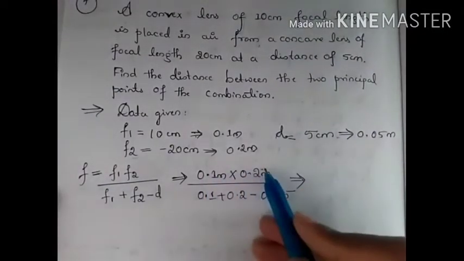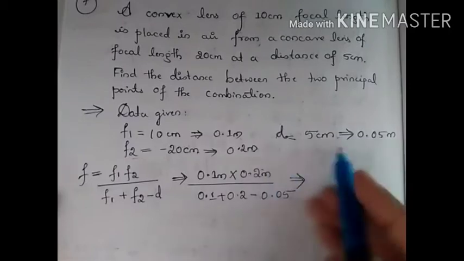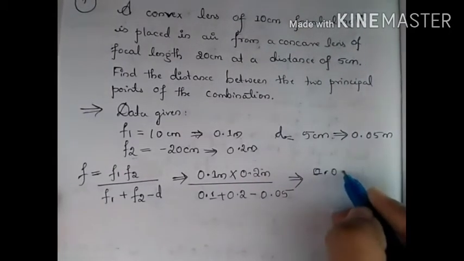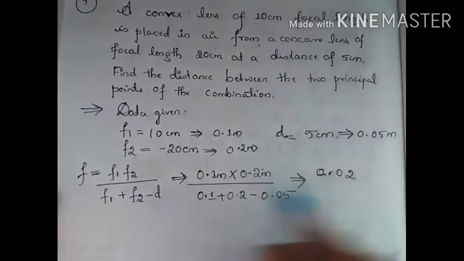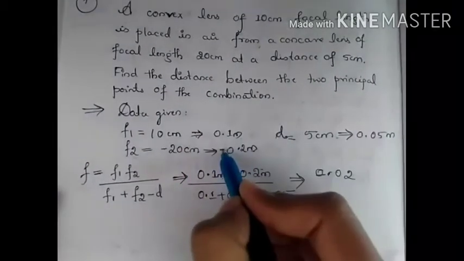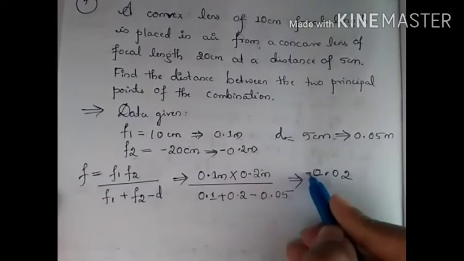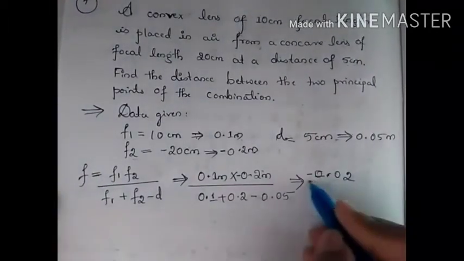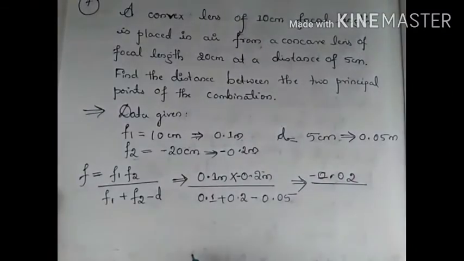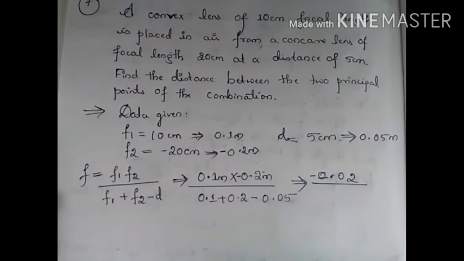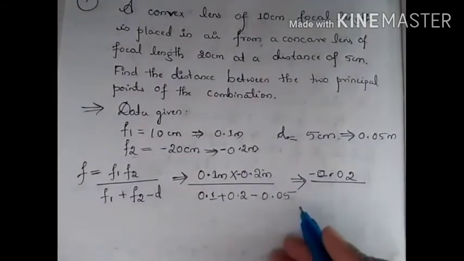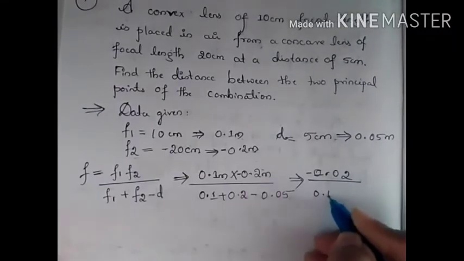So 0.1 multiplied by 0.2 gives 0.02, and there is a negative sign here, so you get minus 0.02. This is divided by 0.1 minus 0.2, which is minus 0.1, minus 0.05, which gives minus 0.15.